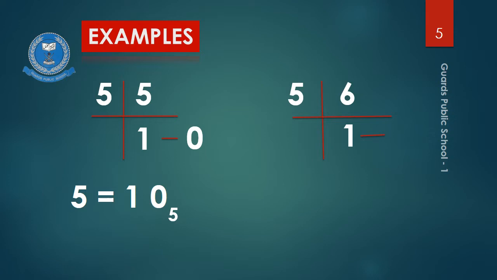Since this 6 is not exactly divisible by 5, therefore we got 1 as remainder. Now, further division not possible. 6, which is a decimal number, is equal to 1, 1 with base 5.